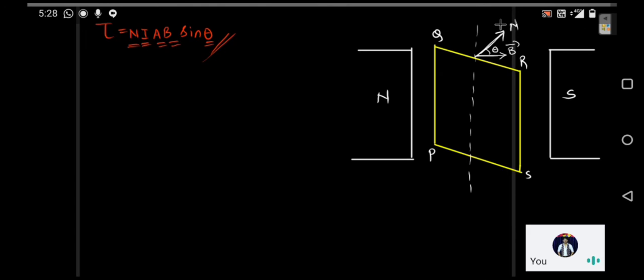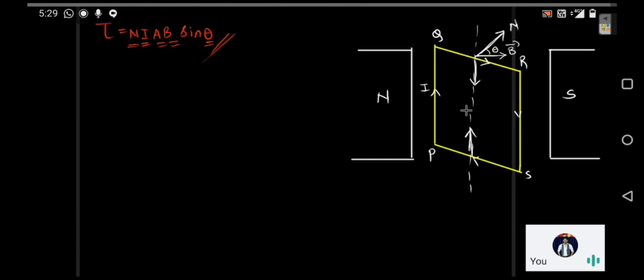Okay, so now you apply Fleming's left hand rule to side QR and to side PS. You will notice that the forces acting on sides QR and PS, if the current direction is like this, will be along the axis, opposite to each other. So there are equal and opposite forces on QR and PS.